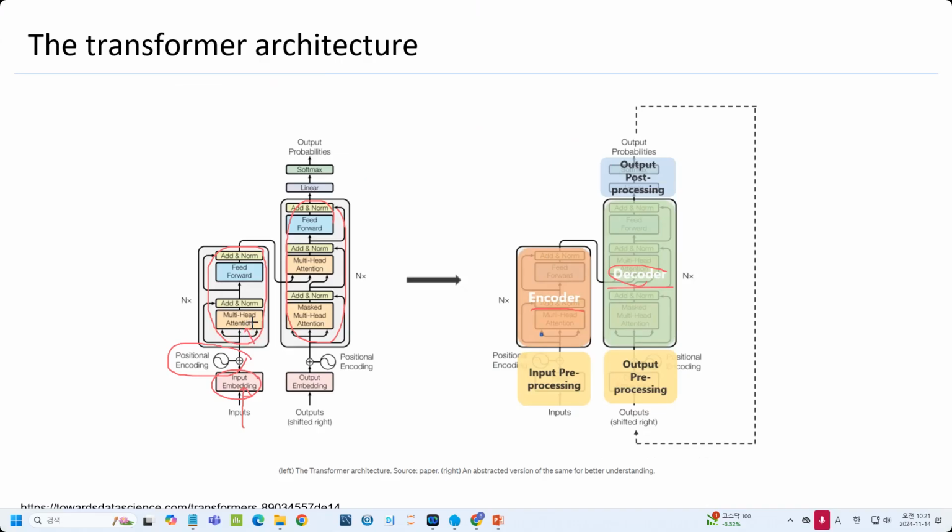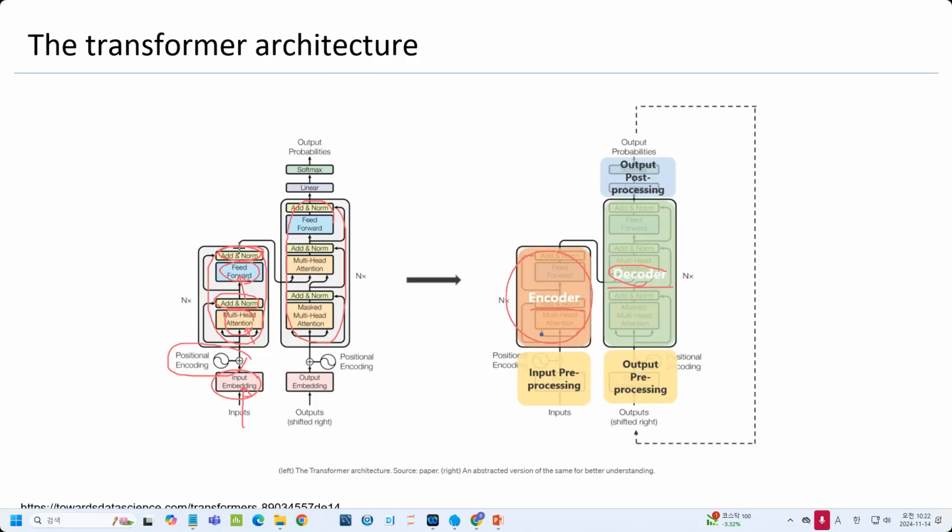And after we have the multi-head attention, we add and normalize the values. After we add and normalize, we input them into the neural network, which is feed forward. And the result from the neural network, we again add and normalize. So this is the step of the encoder.